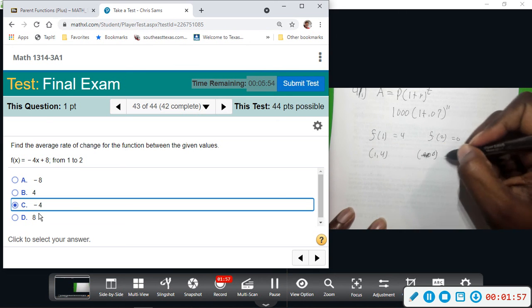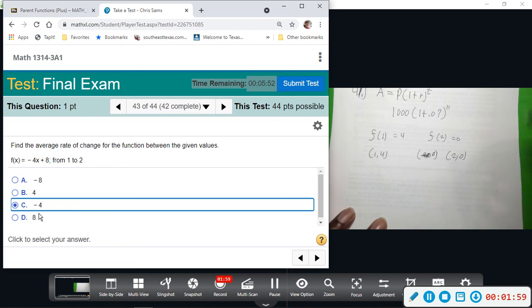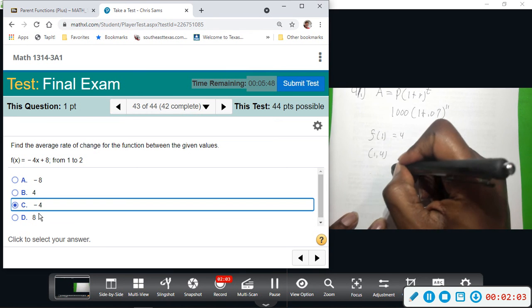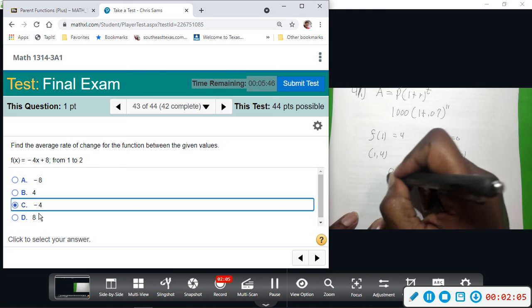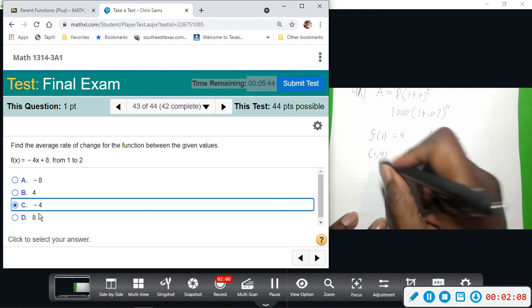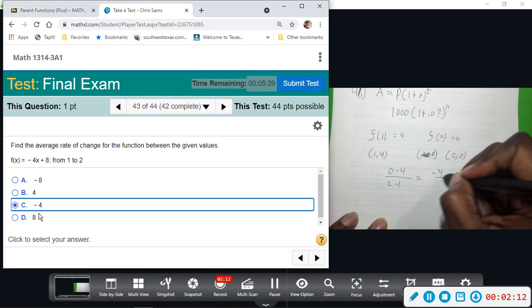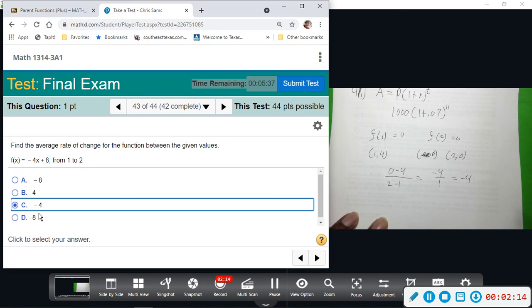Sorry, this is a mess. And if you did the slope formula, y2 minus y1, so 0 minus 4 over x2 minus x1, that would give you -4 over 1, which is -4. So that's how you would solve and verify it, but with linear, it's just the slope.